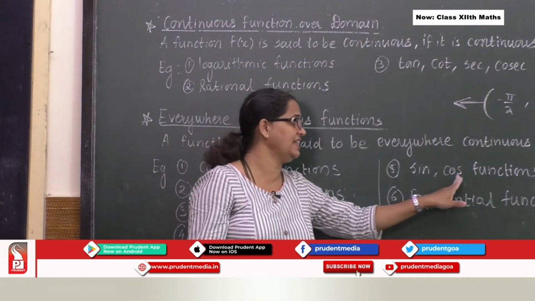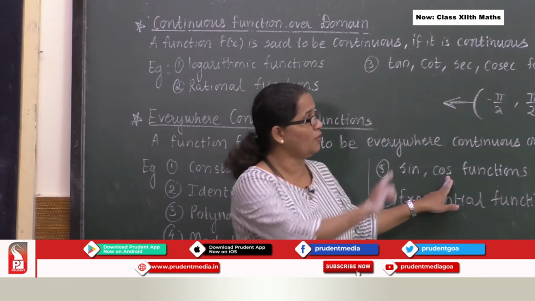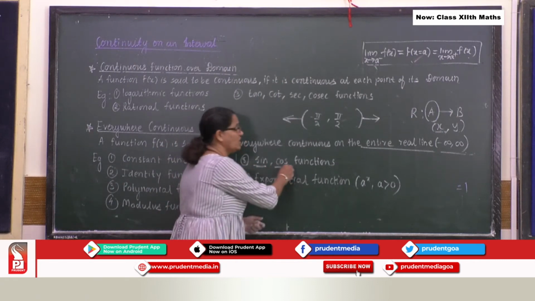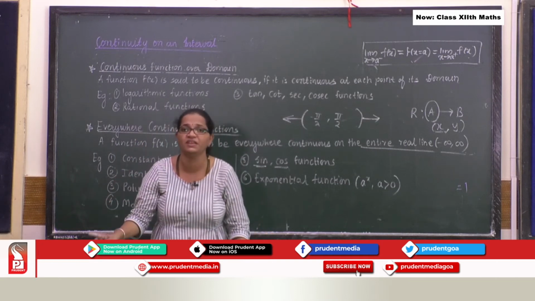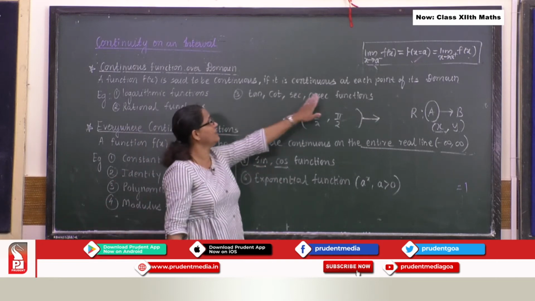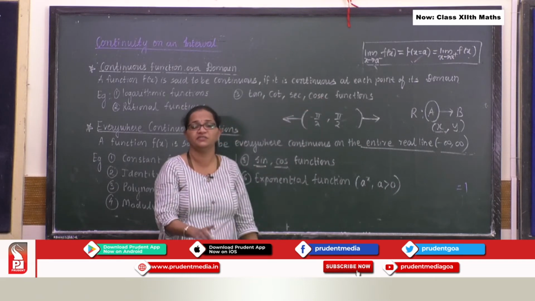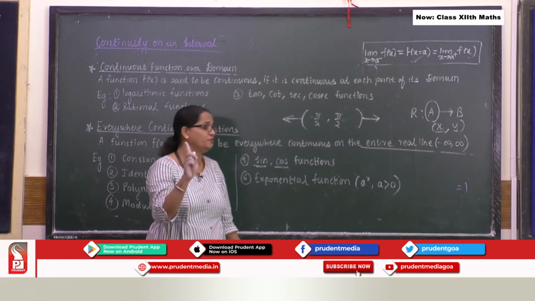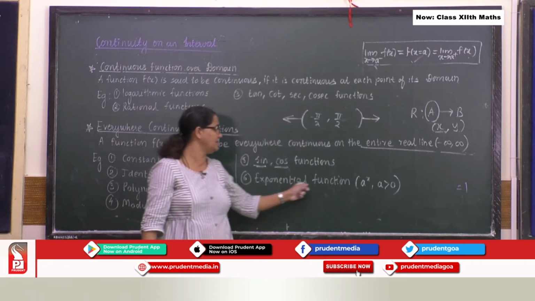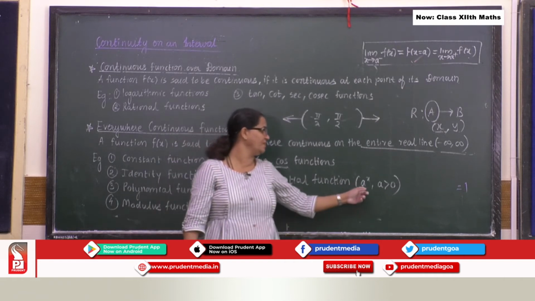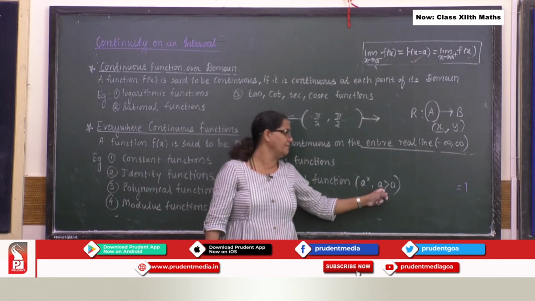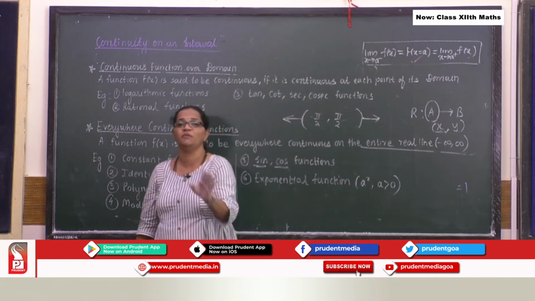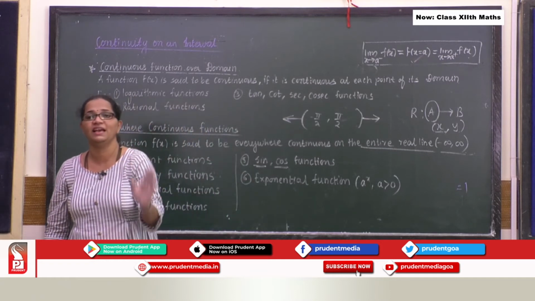Then we have sine and cos functions. Remember, of all the trigonometric functions only sine and cos are continuous everywhere, and the remaining four are continuous only over their domain. This is very important to understand. And the last is the exponential function. When you say exponential function, remember your a is supposed to be always greater than 0. It cannot be equal to or less than 0.